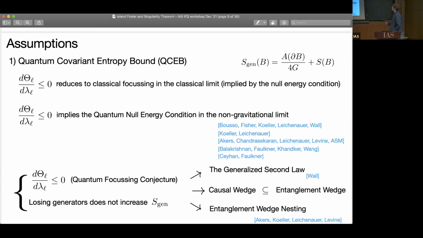So because of these reasons, I wouldn't want to mess with these assumptions. And it's the quantum covariant entropy bound that's being used here, if you're careful.